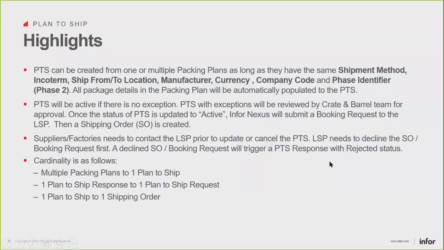Okay. So in the system, one plan to ship can contain multiple packing plans. And one plan to ship response can only link to one plan to ship request. And one plan to ship will only generate one shipping order.